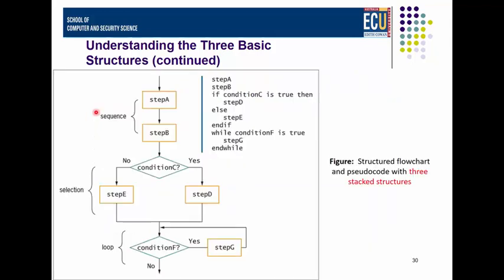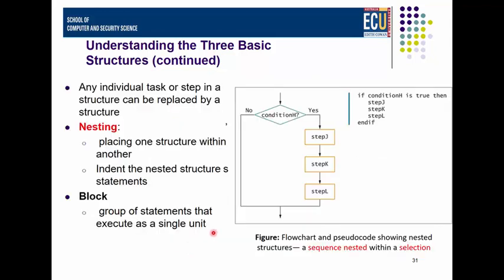If I show you this example over here, this is a set of sequence statements, and then we have a selection, which is an if condition, and then we have a loop. So we can stack them on one another, or we can nest them into one another as well. For example, over here we have an if condition, and if this condition is true, we have a sequence in there.